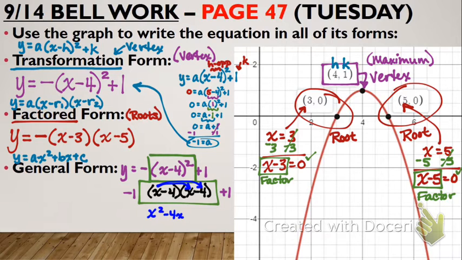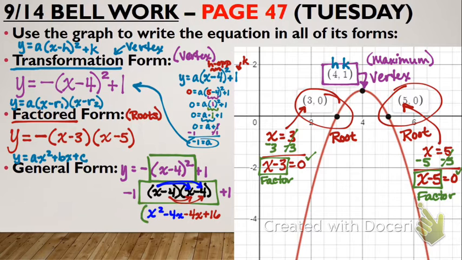-4x. And then I have to take the -4 and distribute that also. -4 times x? -4x. And Sierra, what's -4 times -4? 16. Positive or negative? Positive 16. Thank you, ma'am.